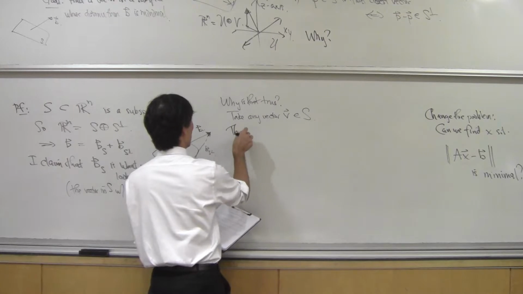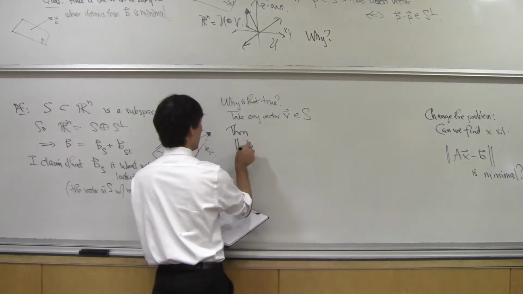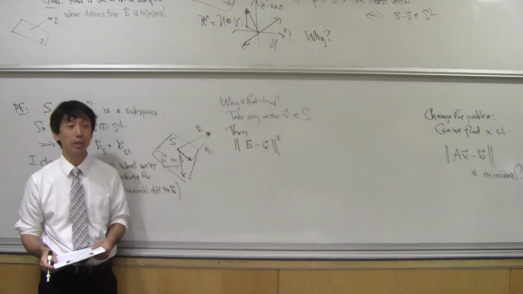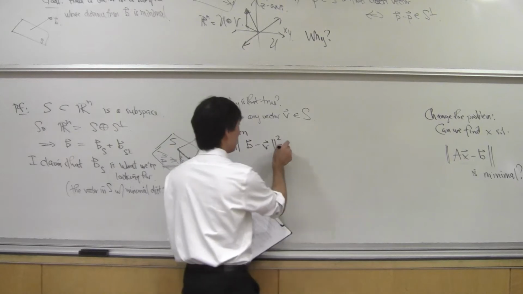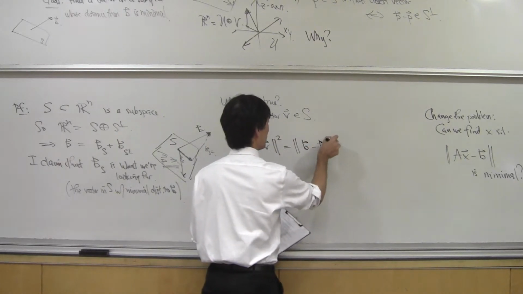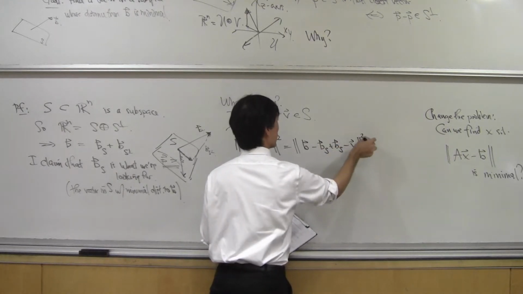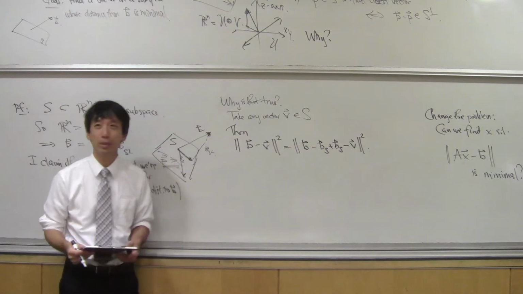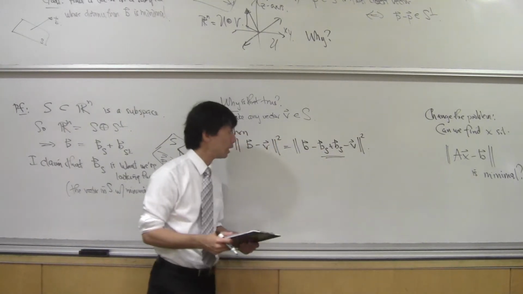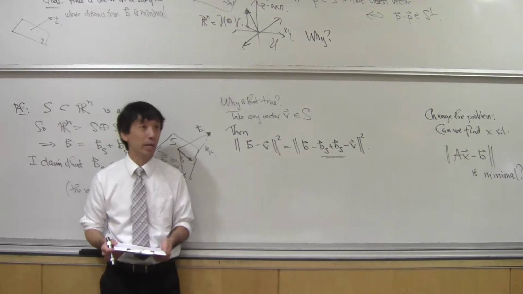Then, if you look at the magnitude of B minus V squared, well, this is the same thing as B minus Bs plus Bs minus V squared. We do something funny. We throw in a 0. We subtract this thing and we add it back in.